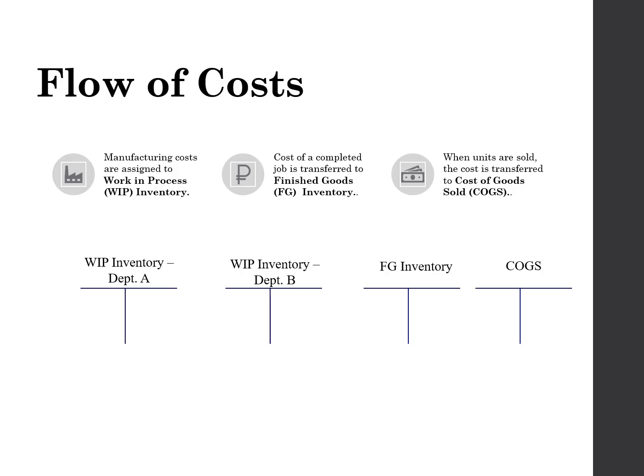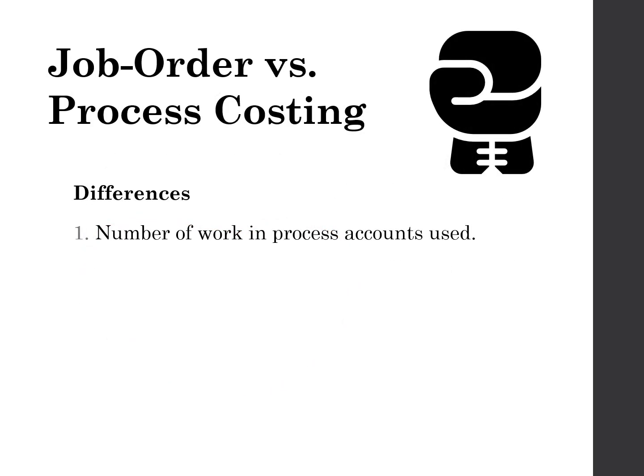Process costing tracks cost by departments or manufacturing processes, and a separate work in process account is maintained for each department or process. As I just stated, process costing uses a separate work in process account for each department or manufacturing process, whereas job order costing uses only one work in process account. Process costing uses a production cost report, whereas job order costing uses job cost sheets.